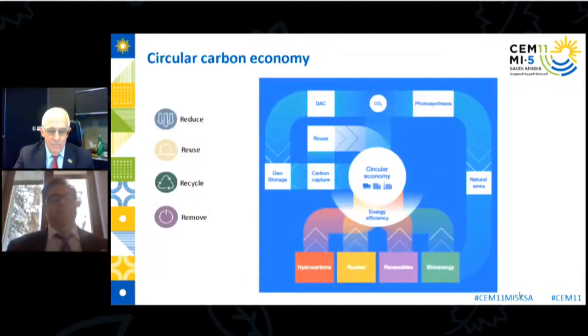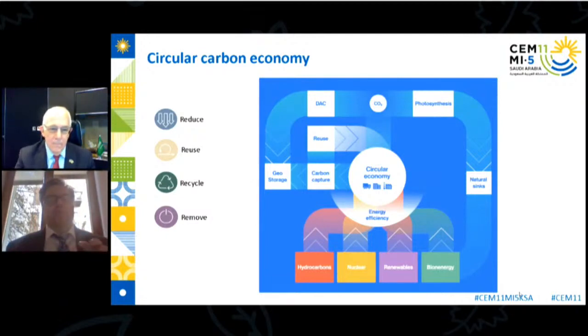So CAPSARC's vision for circular carbon economy is presented here in this figure. You can see at its core is circular economy, and driving that is energy efficiency and energy supply.